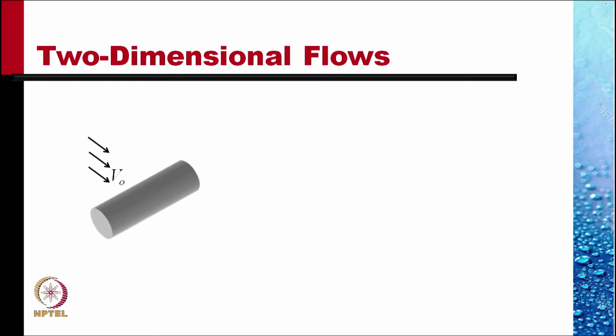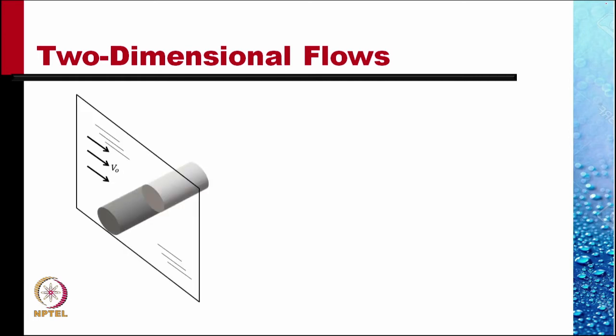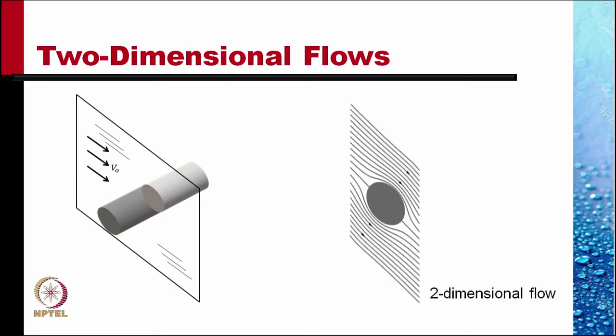Consider a flow past a circular cylinder with a velocity v0. If we take a plane perpendicular to the axis of the cylinder and look at the flow in that plane, we would see the flow within the plane to be like this. This clearly is a function of two space variables, a vertical variable and a variable along the flow direction.